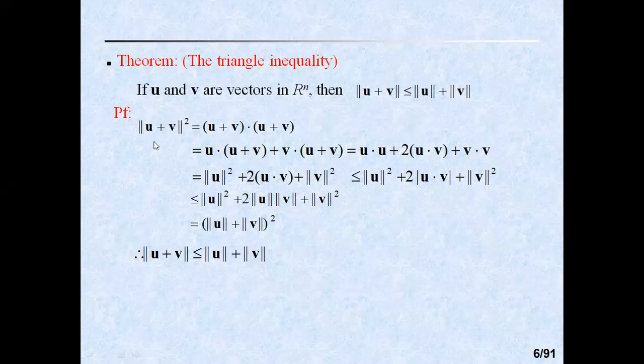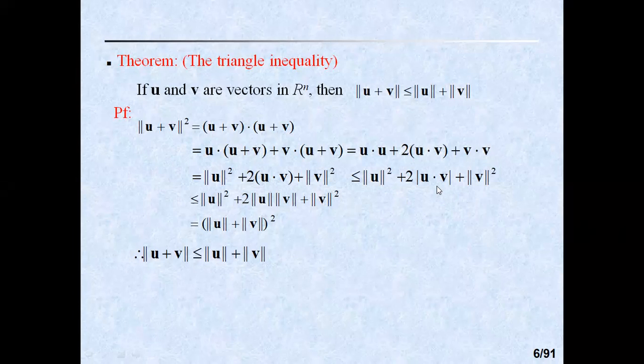By using the definitions of the length of the vector and the dot product properties, we can easily prove the triangle inequality, that is norm u plus v is less than or equal to norm u plus norm v. Here, using the definitions, 2 into u dot v can be written as 2 into modulus of u dot v, that will be always less than or equal to this value.